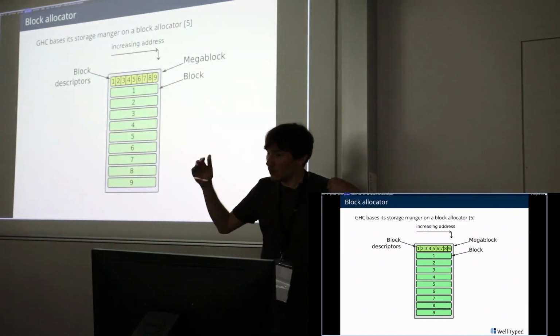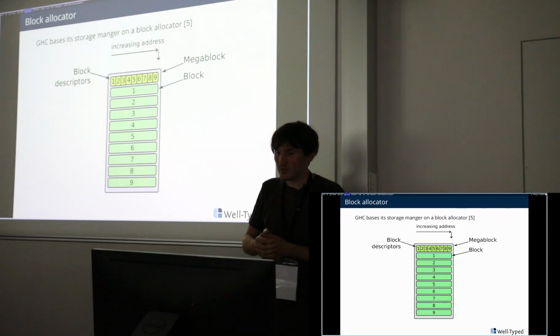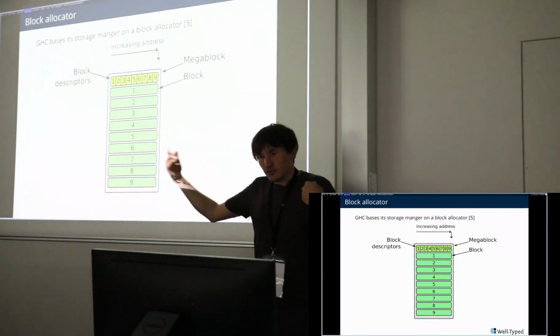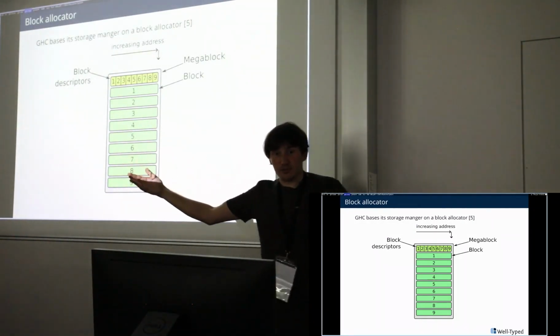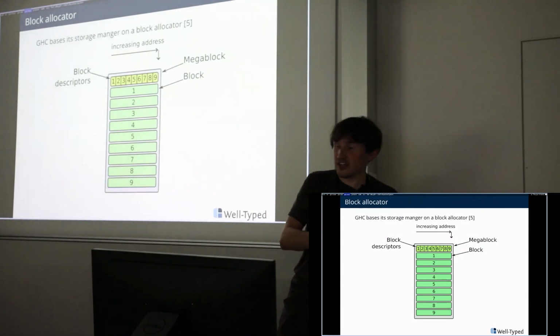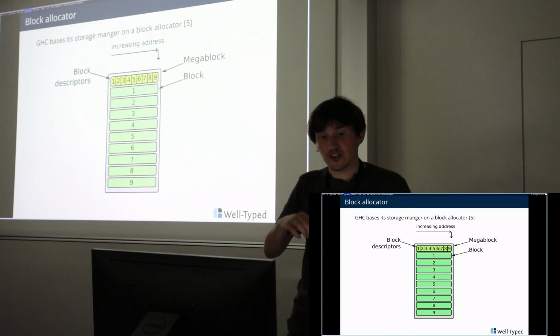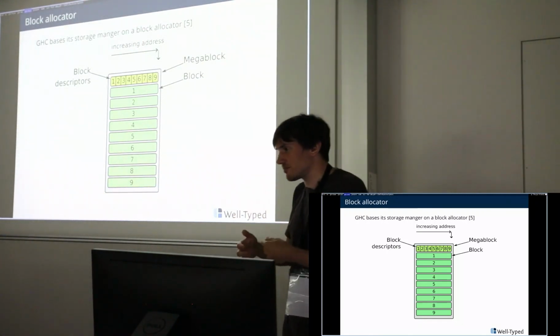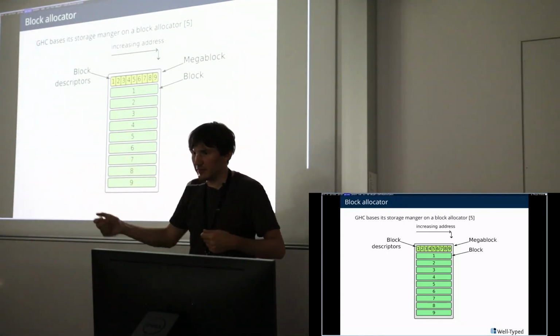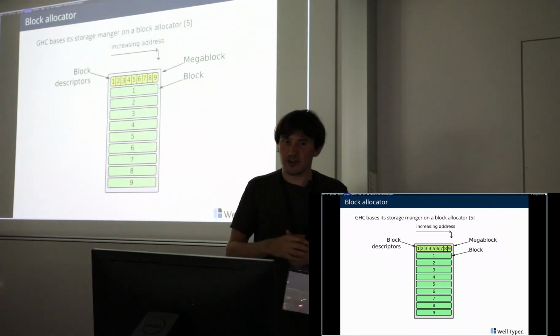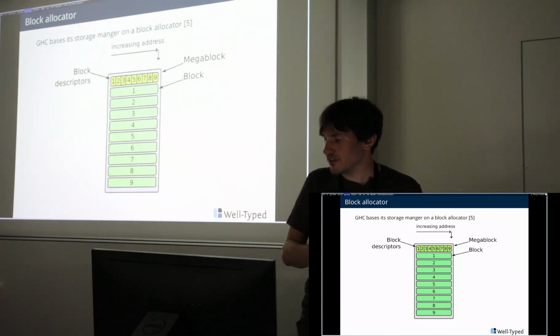We don't know how big the heap will grow to be, so we can't allocate the eventual size of the heap. But it's very useful if the heap ends up being a contiguous block of memory, because that makes that membership query that I referred to on the previous slide very efficient.